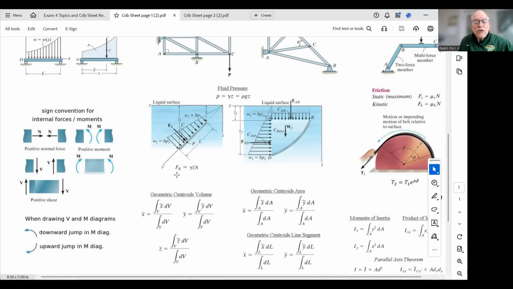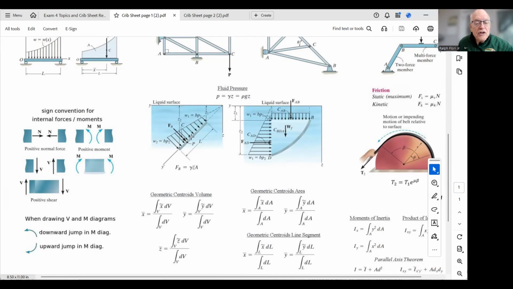But remember, when you're applying this formula for F_R, the z bar is the depth to the centroid of the plate. This picture gives F_R acting at the centroid of this pressure distribution, which is correct. That's where F_R acts. But to calculate F_R using this formula, the z bar is to the center of the plate, which is right here in the middle.